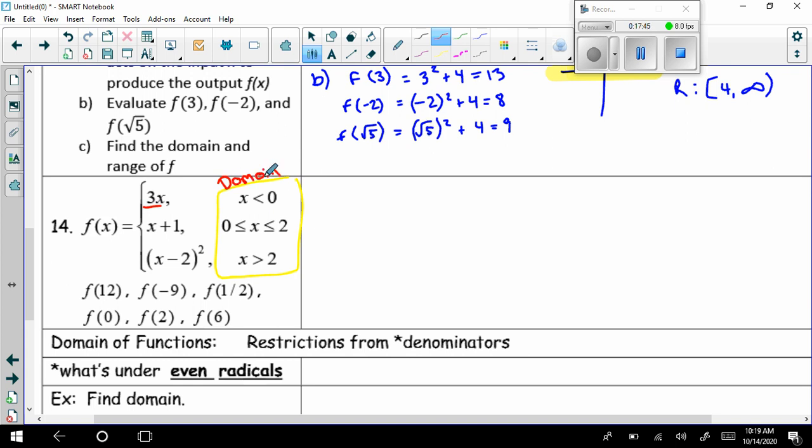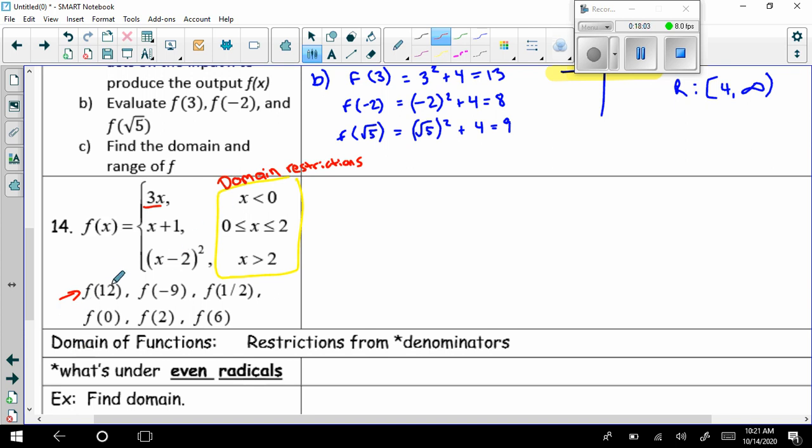So these are domain restrictions. So all of that being said, when you are evaluating a function like this that has domain restrictions, you want to make sure that you're plugging those values into the right section of your graph.